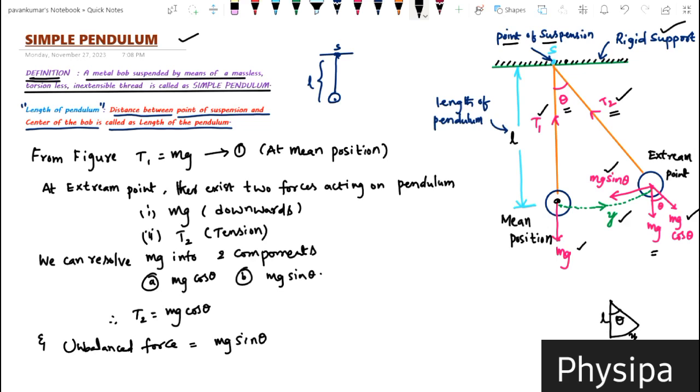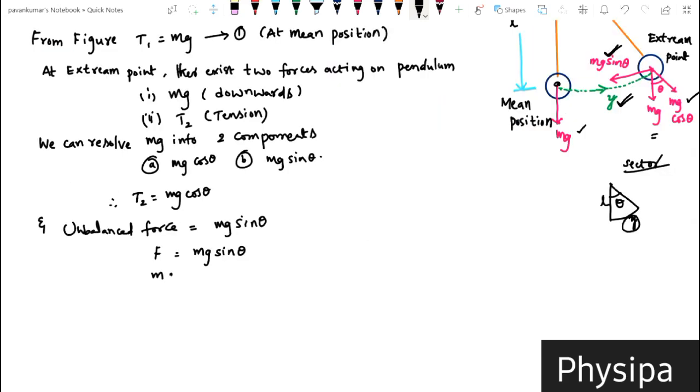Mg sin theta and y are acting in opposite directions. Here mg sin theta is responsible for the acceleration of the metal bob, and y is the displacement of the pendulum. The unbalanced force F is equal to mg sin theta. From Newton's second law, F is equal to ma, which is equal to mg sin theta. Here m gets cancelled, therefore a is equal to g sin theta.